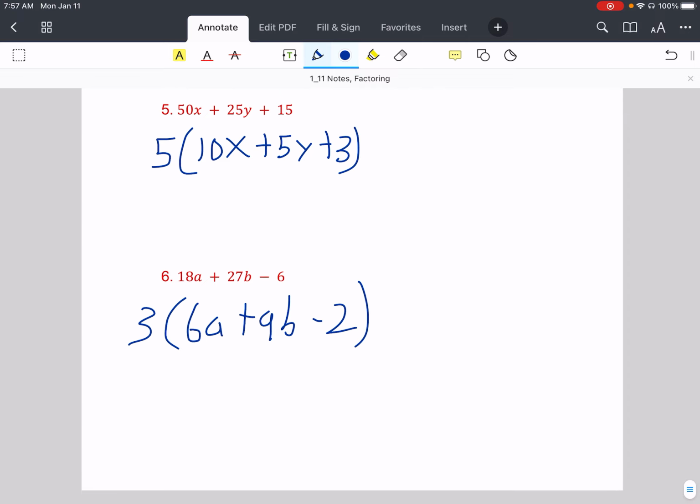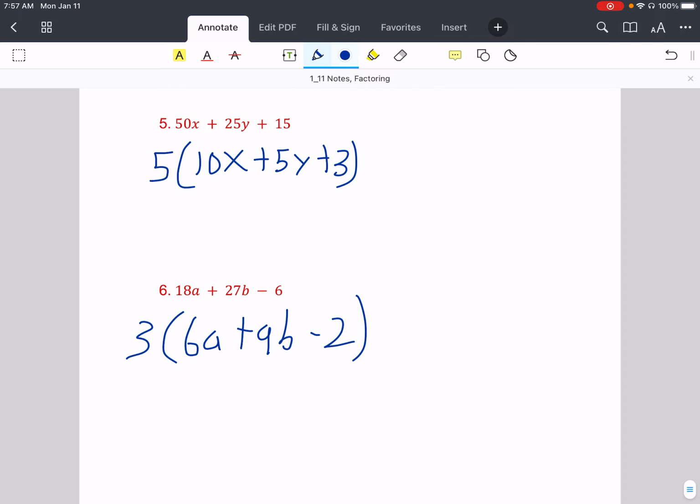If you are ever doing a problem, let's just say you're doing 8x plus 12, and if you're not sure how to find the greatest common factor, let's say we divide by 2, and we end up with 4x plus 6.